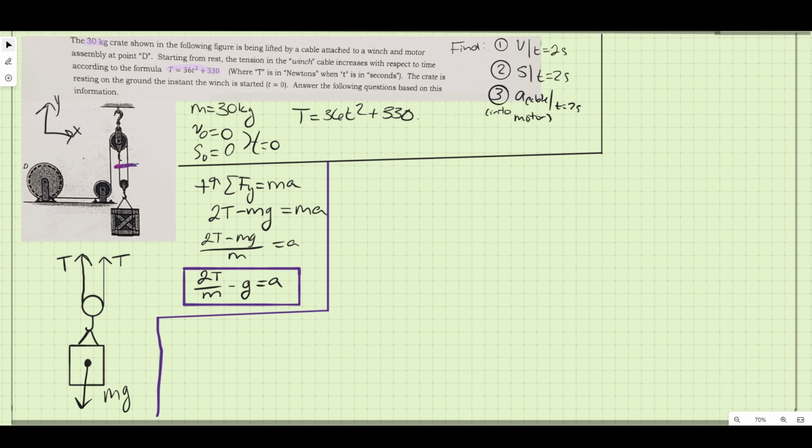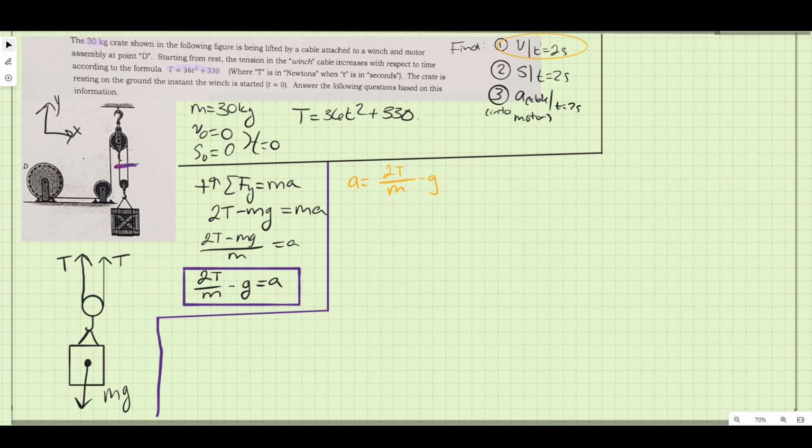So moving on to the first part of our question, which is finding velocity at t equals 2 seconds. We have our acceleration equation, which we just solved for, and we're going to plug a bunch of stuff into it. So our acceleration is equal to 2T over m minus g, and we know what capital T is, we know the mass, and we know gravitational acceleration.